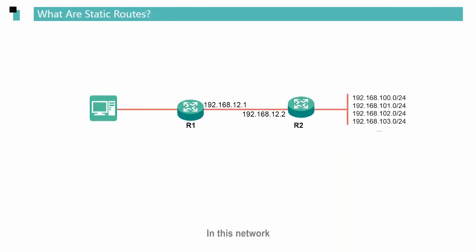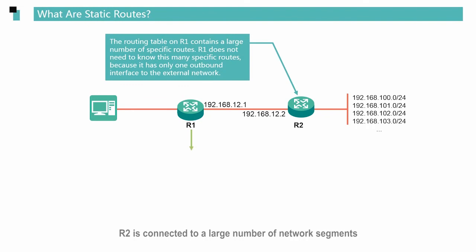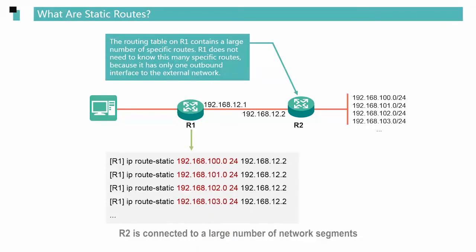In this network, R2 is connected to a large number of network segments. If R1 stores one static route to each network segment in the routing table, the routing table will consume excessive system resources. In addition, R1 needs to maintain its routing table dynamically, which further consumes resources.